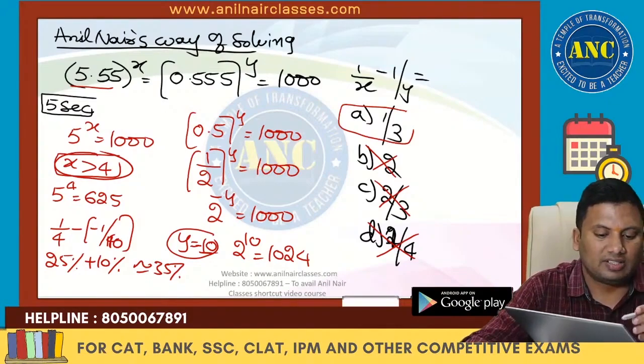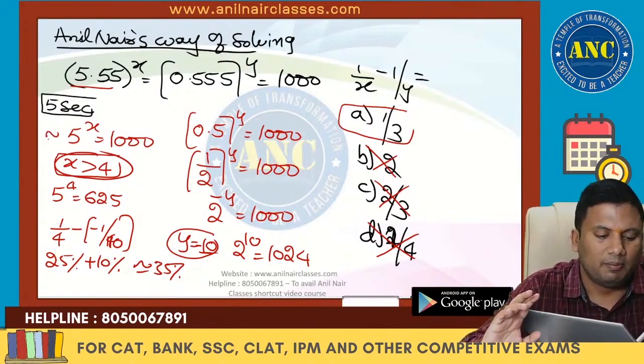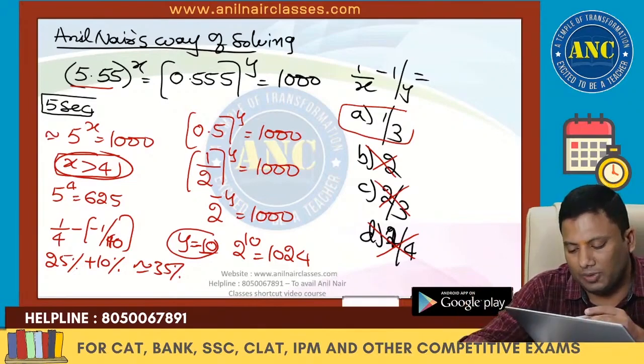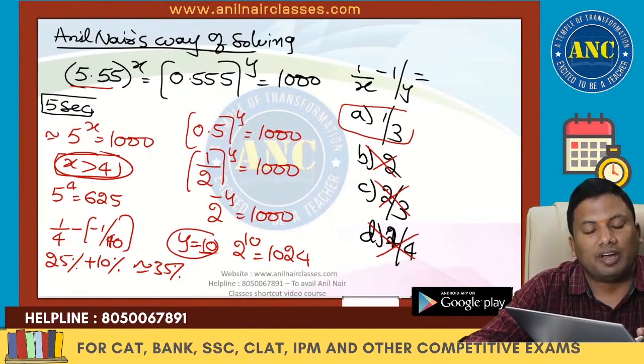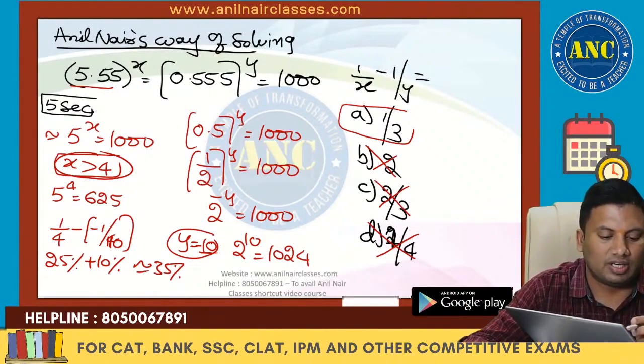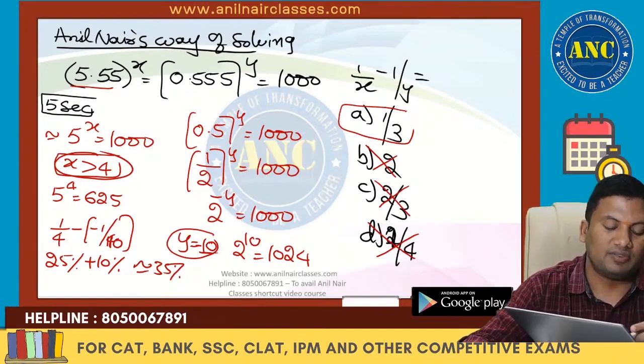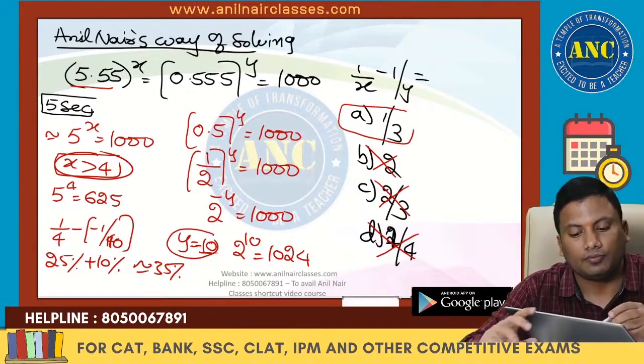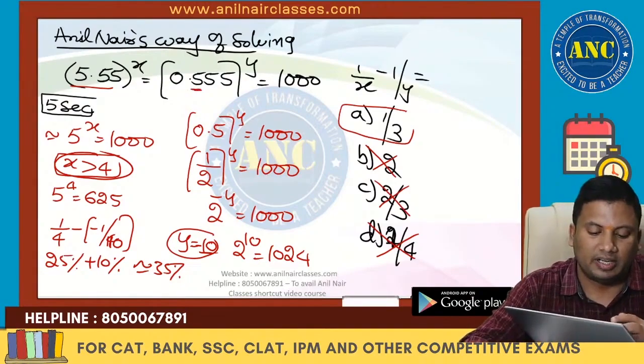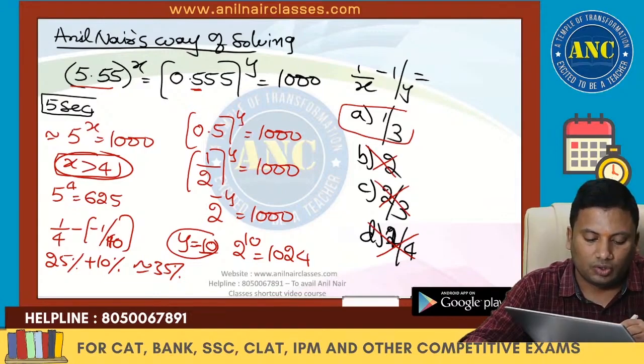5 power x is 5.55. I just made it into 5. I am doing approximation because all the values are very far away from each other. 5 power x is 1000, that means x value is greater than 4. Here also I approximated 0.5 power y is 1000. 0.5 is 1 by 2, 2 power minus y is 1000.